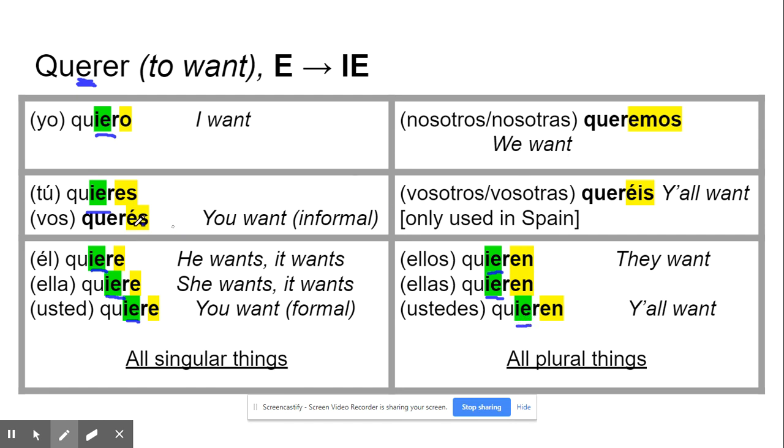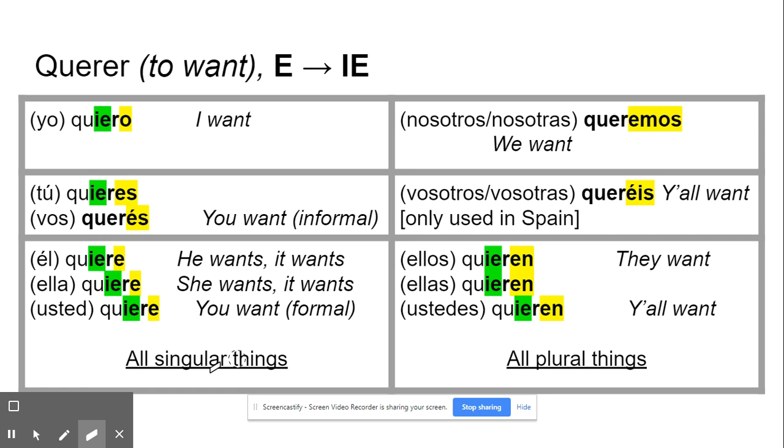But we see that in vos, it stays E. In nosotros, nosotras, it stays E. And in vosotros, vosotras, it stays E, does not change to IE. And we have our regular ER verb endings in yellow because querer is an ER verb. So we always take off that ER and then add our ER verb endings for querer. We'll learn more about this verb and practice this verb a little bit more in the coming weeks.